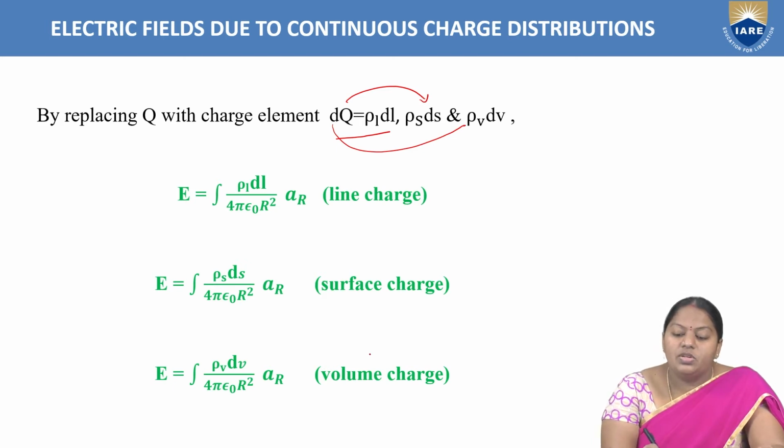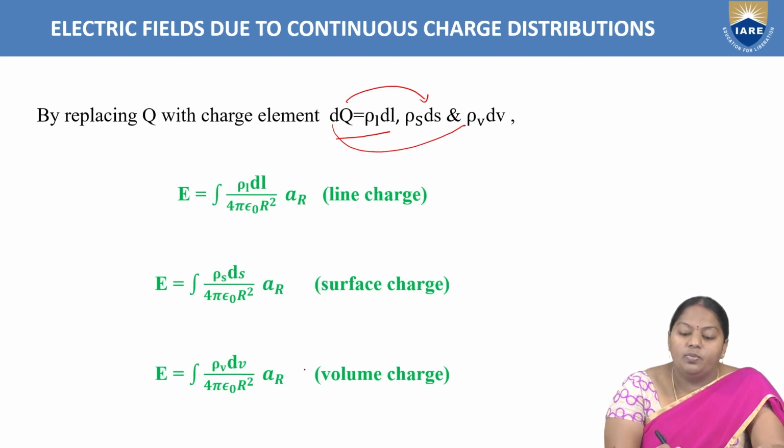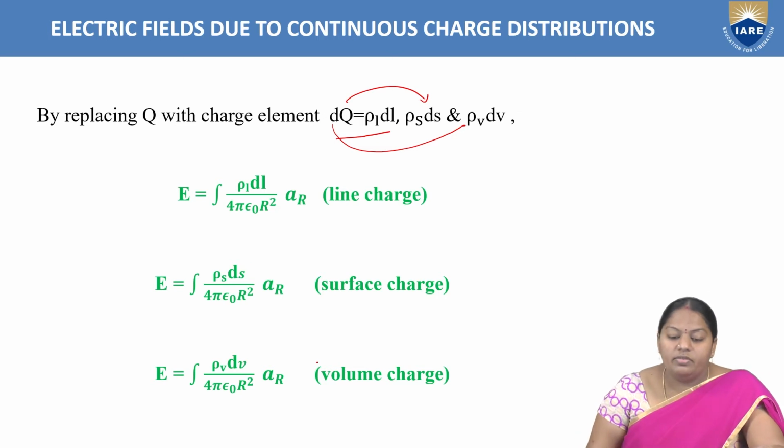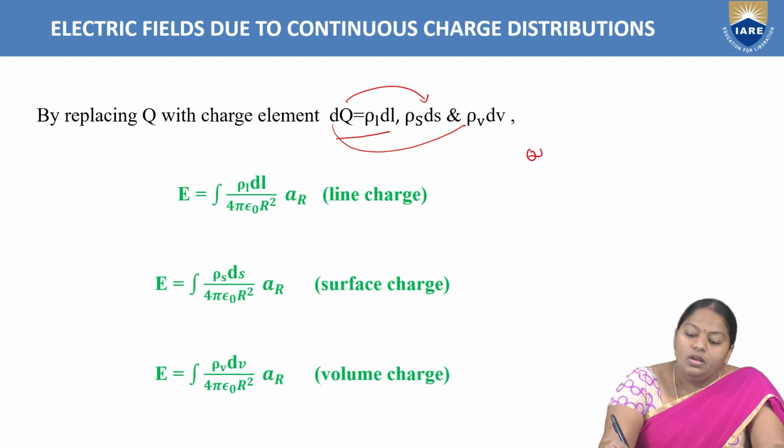Now by substituting in place of q, previously what was the equation? dq equal to rho L into dl. From this, q equal to integral over L of rho L into dl.